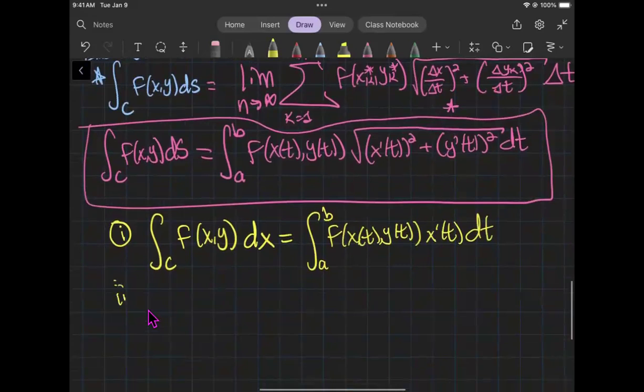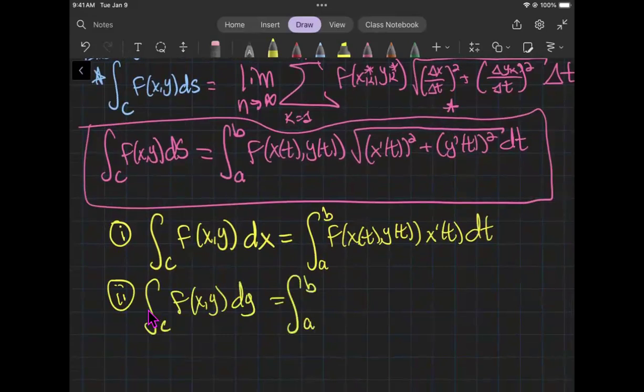And then if you have the line integral of the function with respect to y, dy, this equals the integral from a to b of f of x of t, y of t times y prime of t dt. Okay, so these are the line integrals that are most important.